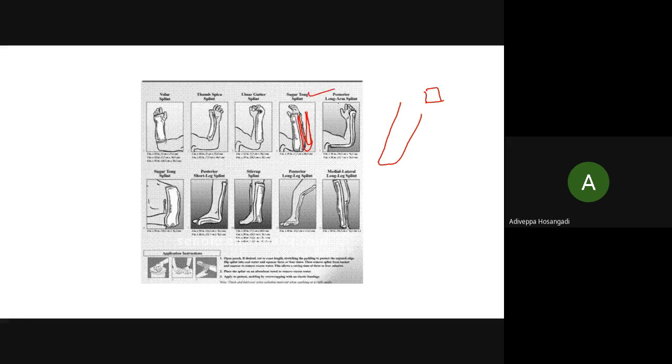Sugar tong splint. This is above elbow or long arm or long leg, meaning above the elbow or above the knee. So it can be long arm, it can be long leg. Both are the same. Stirrup splint is for below knee, short arm, sugar tong splint again, as I was mentioning earlier.